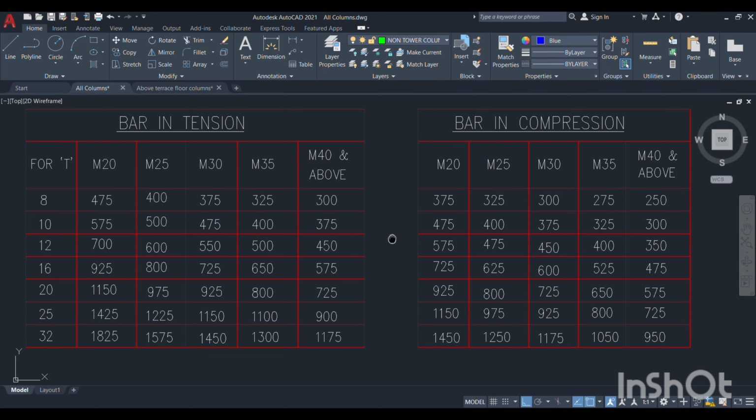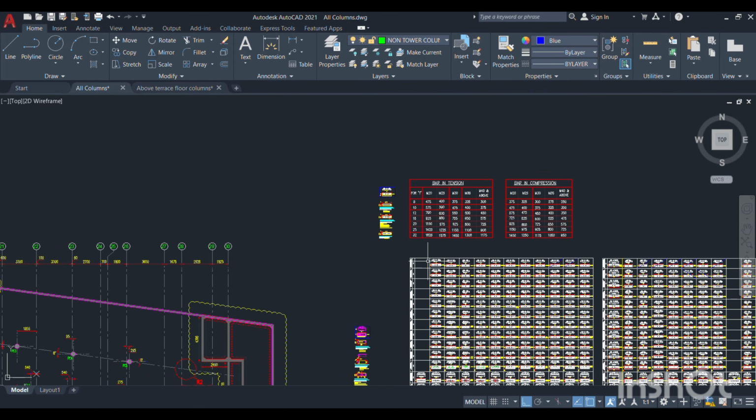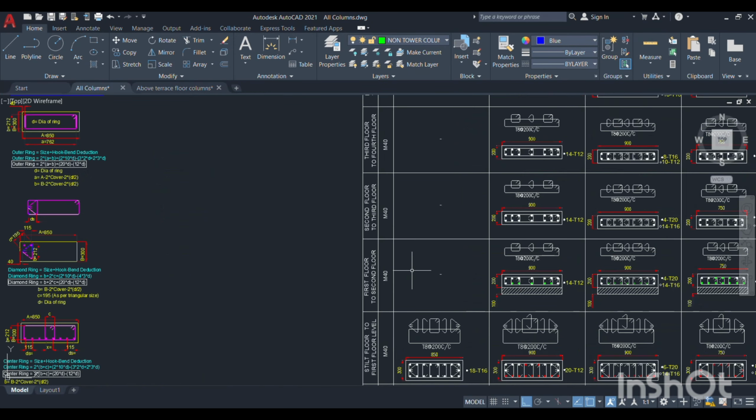As per our lap length calculation, keep this in your mind and follow it very strictly, because we used the M40 grade column lap length at the time of calculating basement level, ground level, first floor level and second floor level. We followed this M40 grade lap length. If you go above, these grades keep reducing.